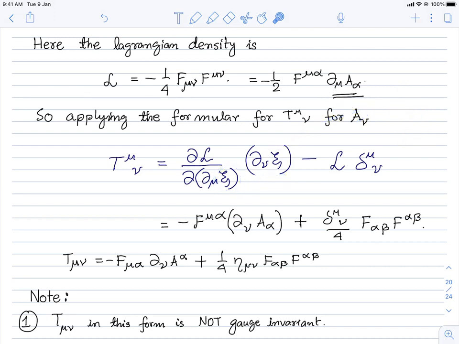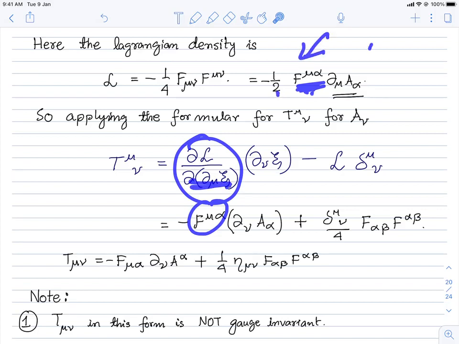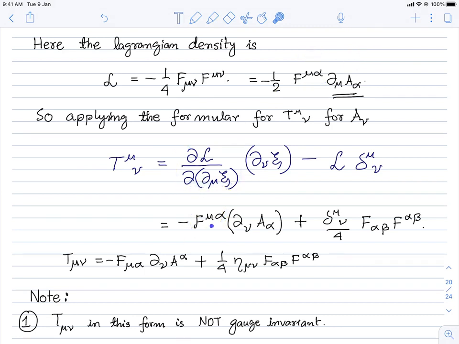So when I do this differentiation, I get f mu alpha here. And in this differentiation, I get a factor of 2 because it can act on this f or on that f. So I get a factor of 2 that takes care of this. The sign remains, but I have an f mu alpha here, which should be contracted with this quantity here.